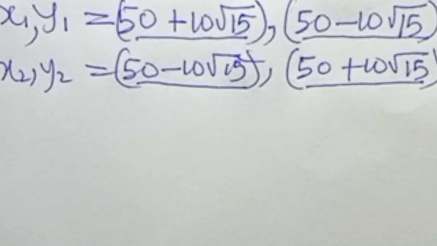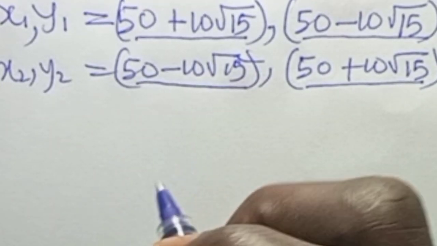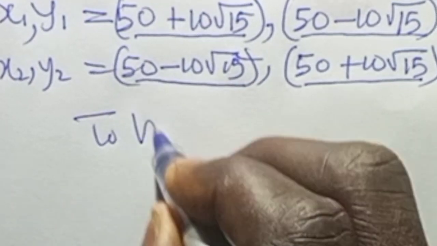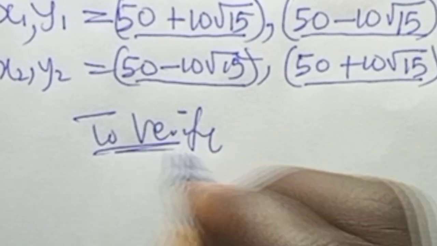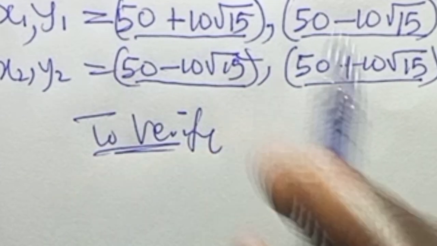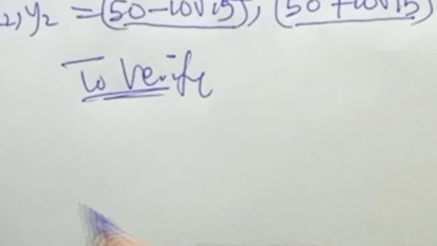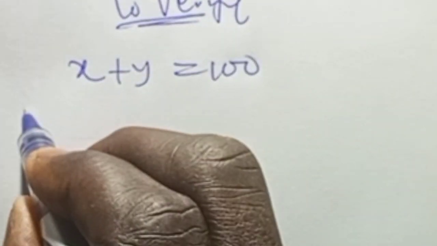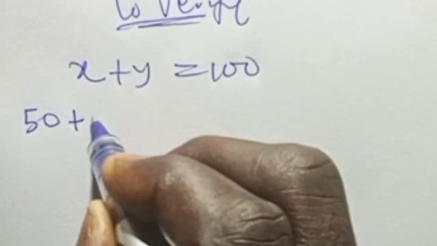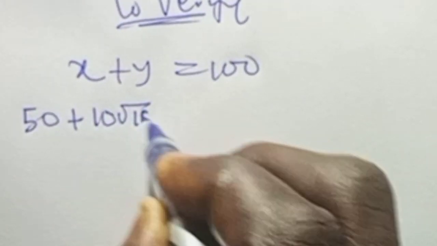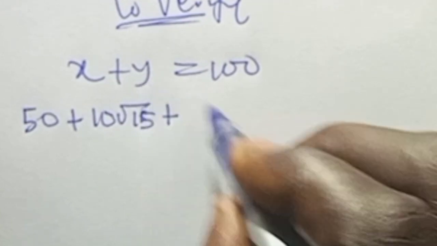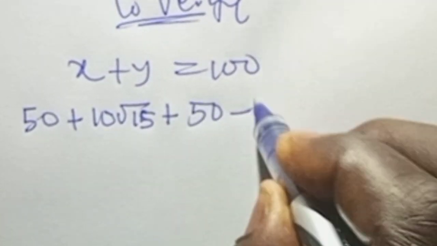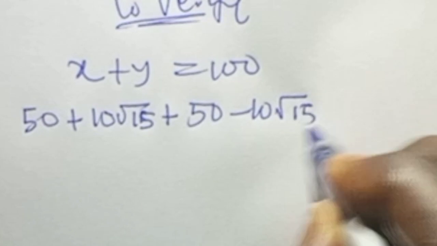So to verify if these values satisfy our equation, we are going to replace our values in the original equation to verify. So I'm going to use just one pair to do that. So we have x plus y equals 100. If we use the first pair, 50 plus 10 root 15 plus y is 50 minus 10 root 15.